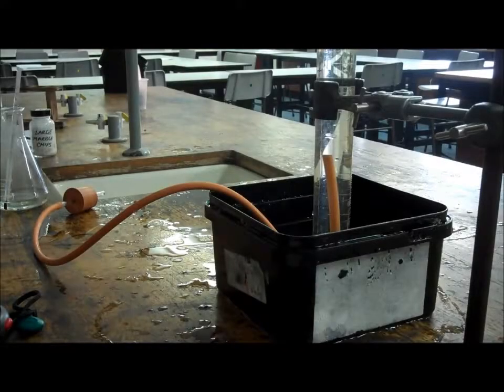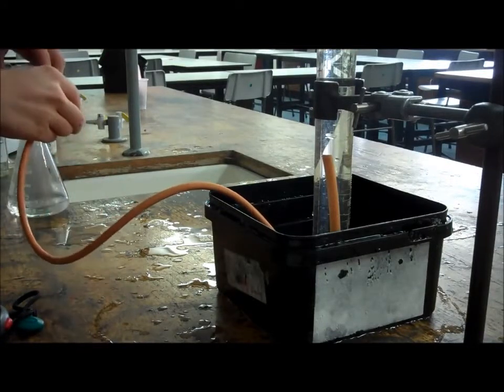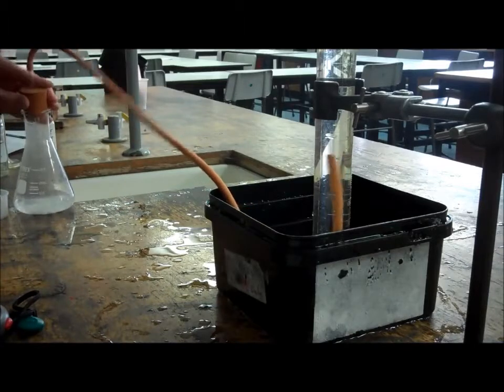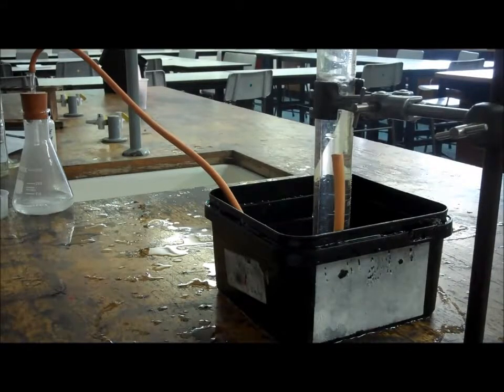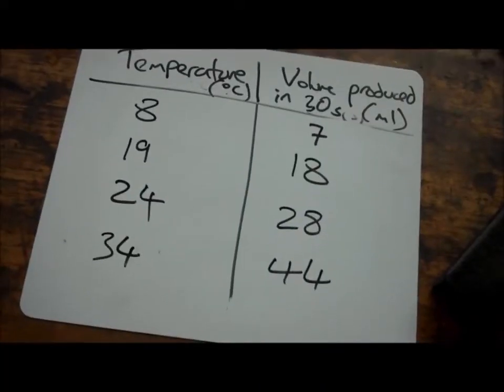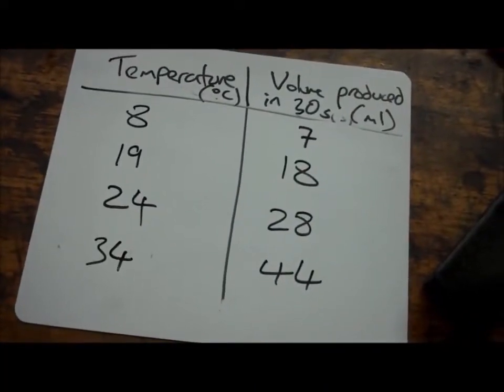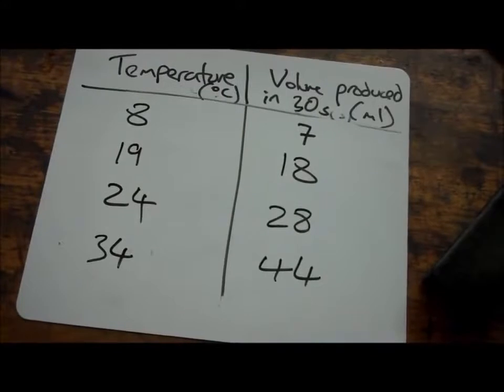And the final one is 34 degrees C, which has produced 44 ml. So these are our results. As you can see, as the temperature goes up, the volume of carbon dioxide produced also goes up.